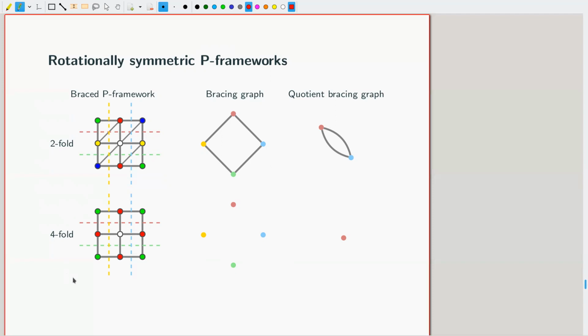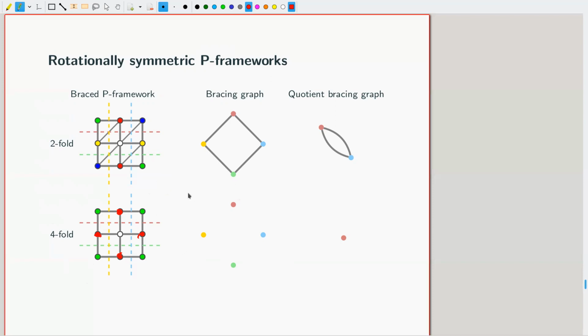Let's have a look on the 4-fold symmetric case of the same framework. So like before, I was rotating by 180 degrees, but I can also rotate only by 90 degrees. So now the orbit of this vertex is this 4 red vertices, and I have also the orbit of green vertices. And I don't put any braces now.